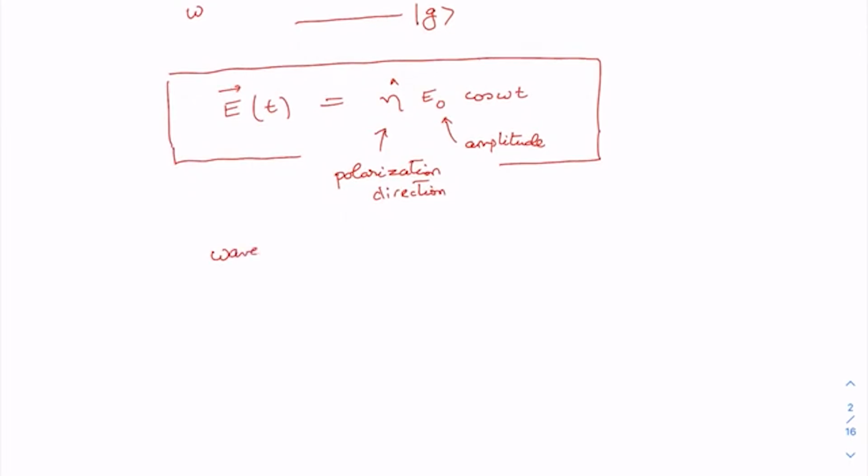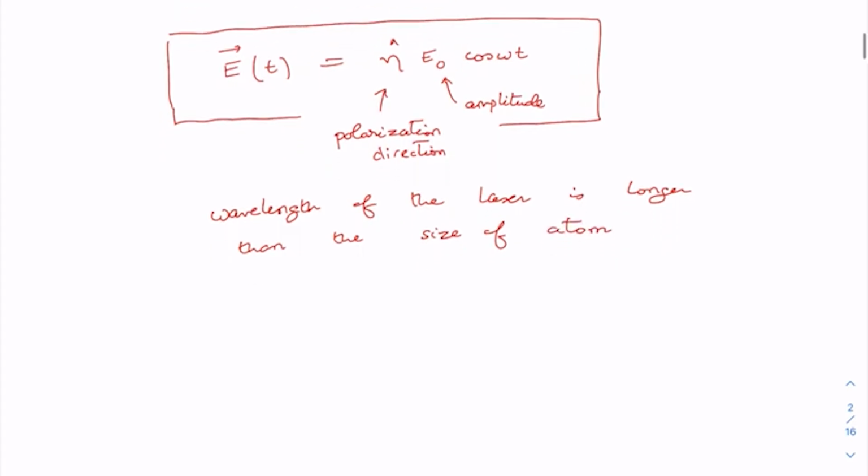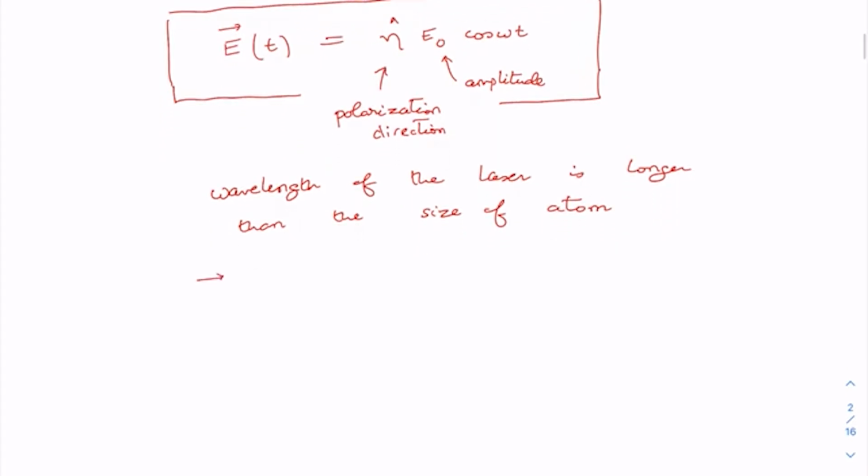So we are assuming here that the wavelength of the laser is longer than the size of the atom, and this approximation is known as the long wavelength approximation.